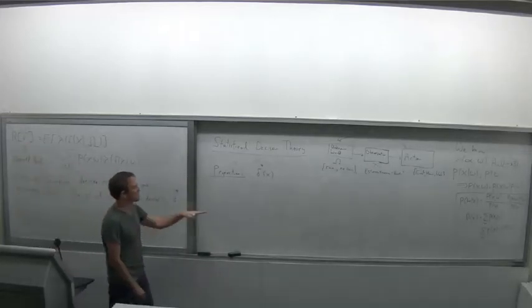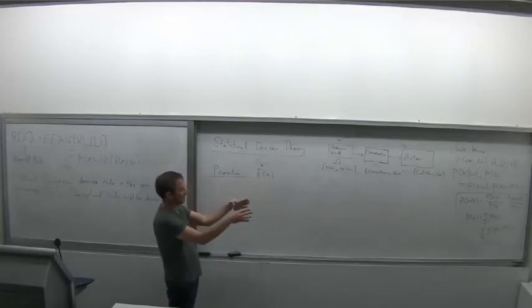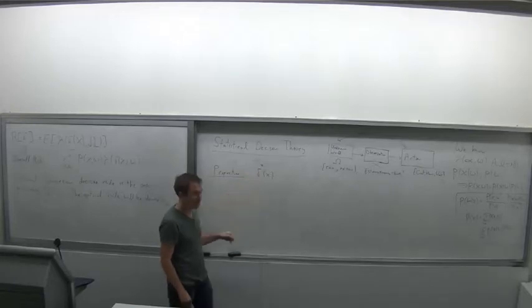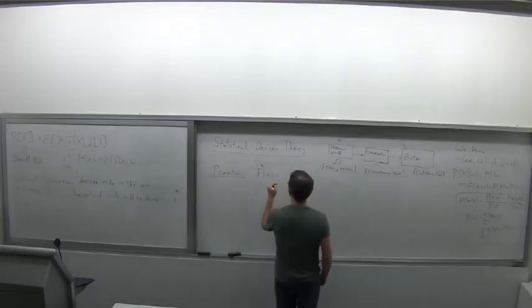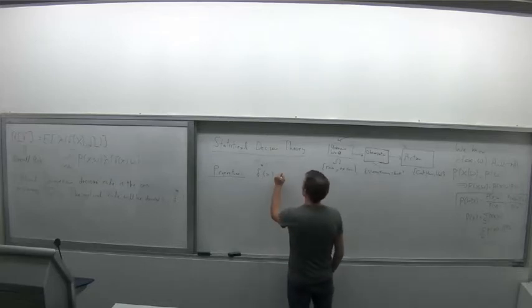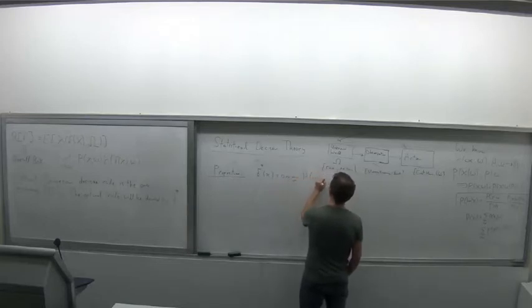This is a well-defined quantity: given how we defined the problem, there is a delta that attains the minimum risk. My claim is that it equals argmin over alpha of R of alpha given x.